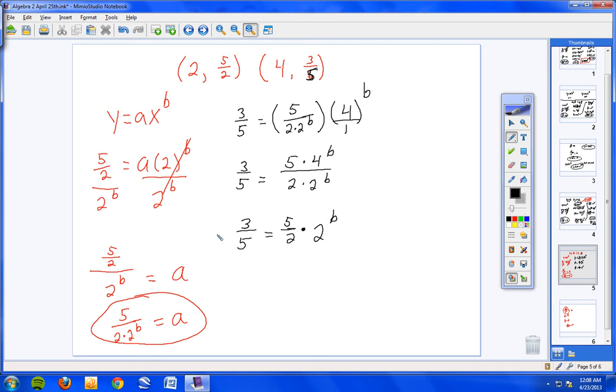Now, it's just like the last 2 problems. We're solving for what? We're solving for b, right? And b is an exponent. So we have learned we're going to have to take the logarithm of both sides after we isolate the base. So we're going to divide both sides by 5/2. So we divide this side by 5/2. Those cancel. Divide this side by 5/2. Now you can use a calculator here, students. You really can.